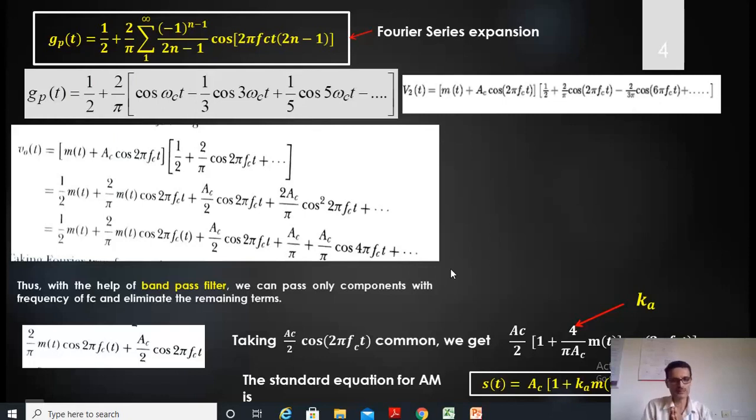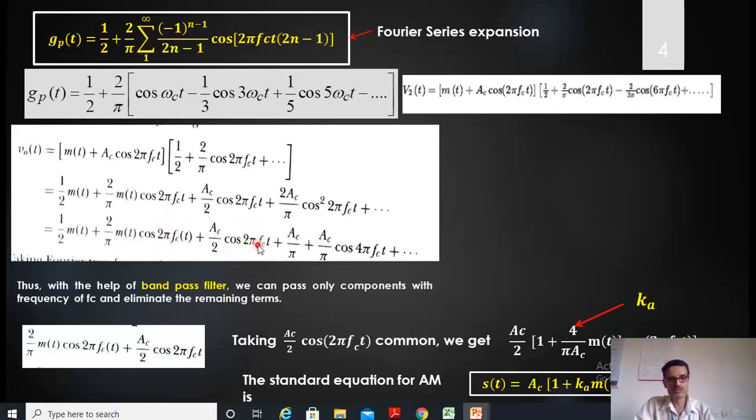That is, it is a narrow band pass filter which allows only the components well within fc hertz. That means this component, the original message signal m of t, will be eliminated by the band pass filter. This component is m of t multiplied by cos 2 pi fc t, which is very, very close to fc, right? So this component will be allowed by the band pass filter.